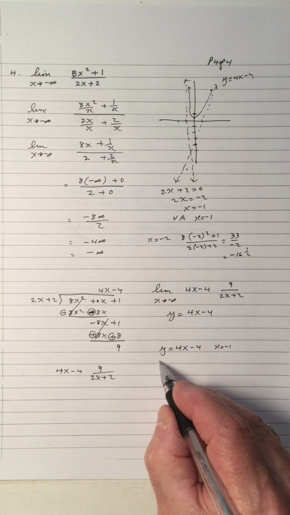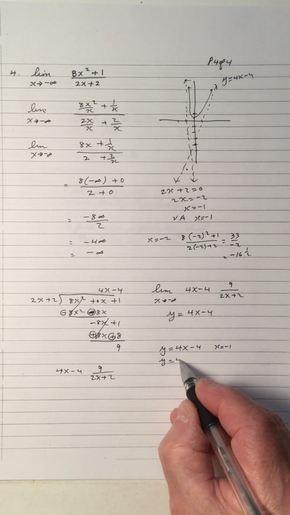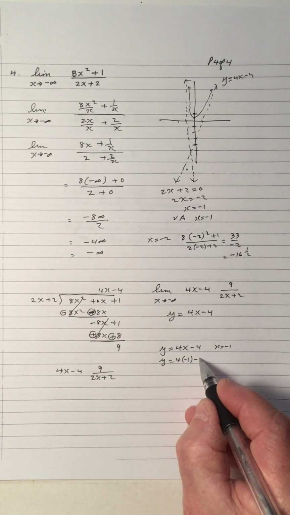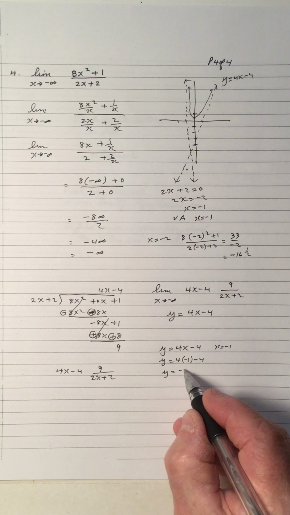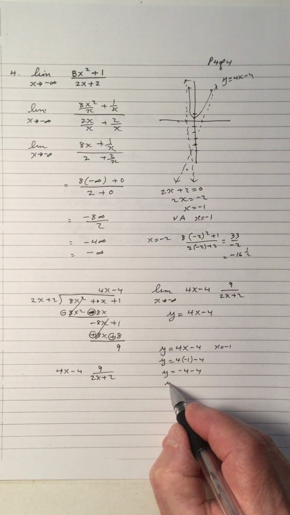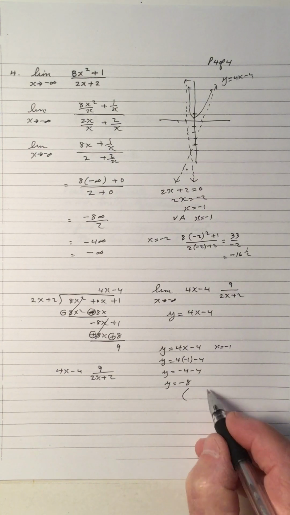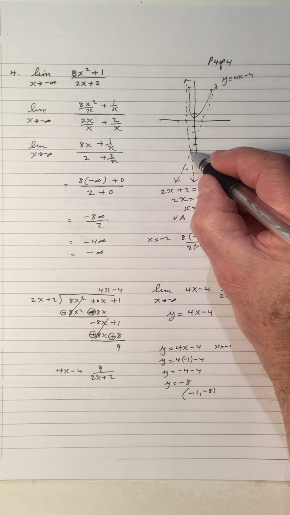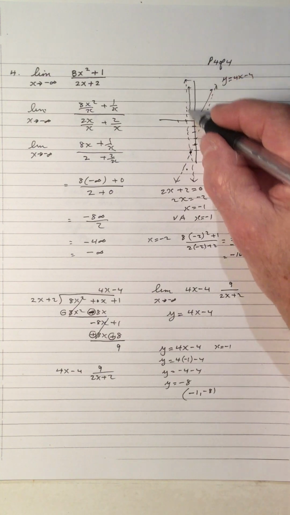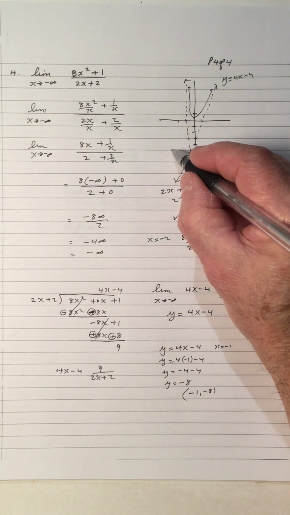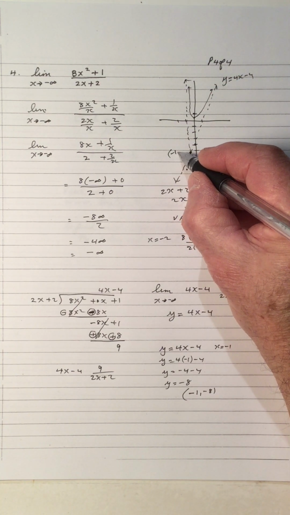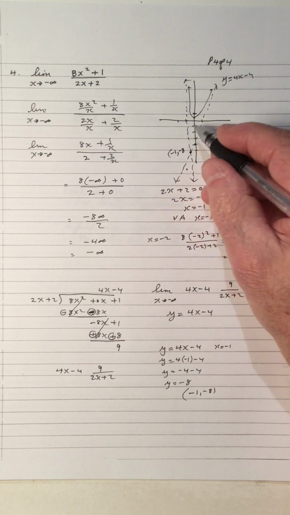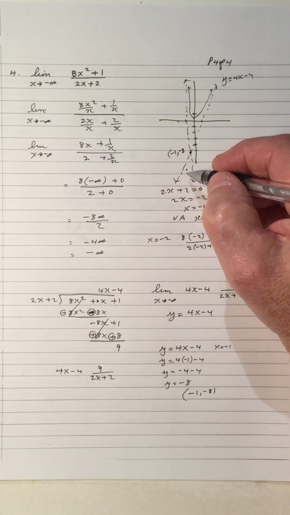So if we take x equals negative 1 and sub it in, we get negative 4 minus 4. y is negative 8. So x is negative 1, y is negative 8. That's the point of intersection of your vertical asymptote and your oblique asymptote. This is where the two asymptotes intersect.